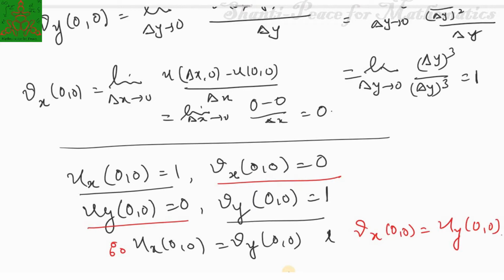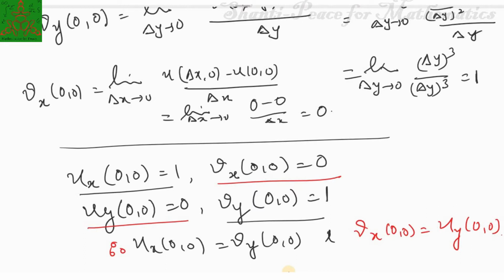So we say that CR equations are satisfied, but the function is not differentiable. So if the CR equations are satisfied, we cannot say the function is differentiable. Yes, but if the function is differentiable, then we have to say that the CR equations are satisfied.